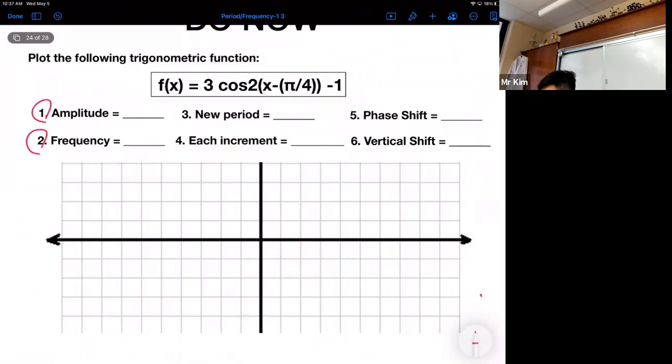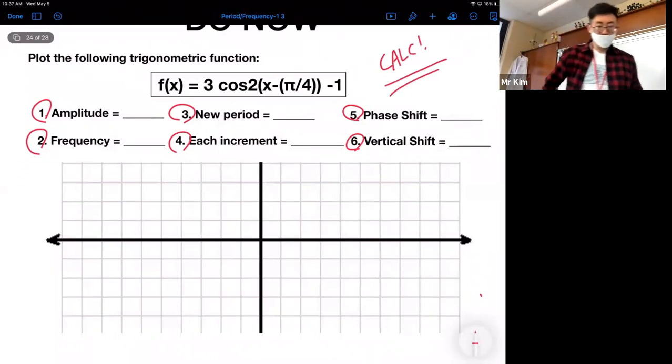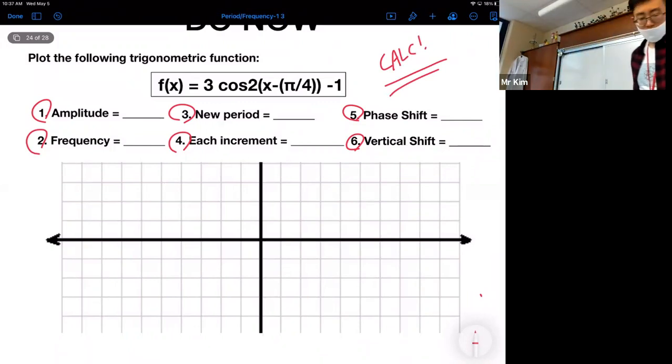Please answer every single one of these questions, and be as neat as possible to sketch this out. Once you're done, check your answer with your graphing calculator. Then we're going to end with this equation here today.